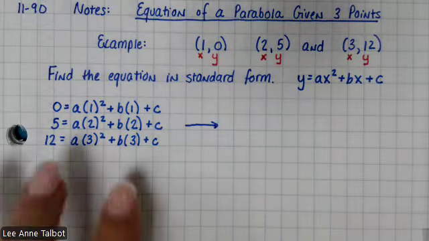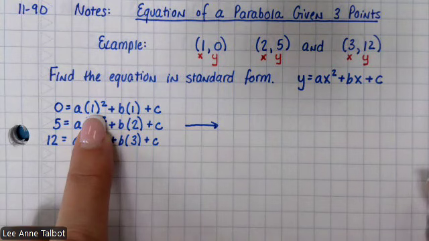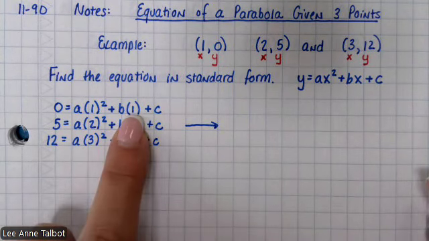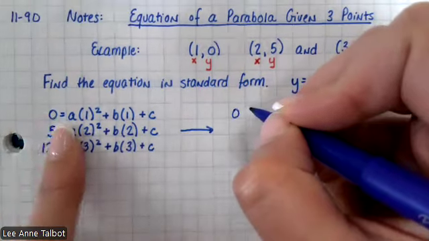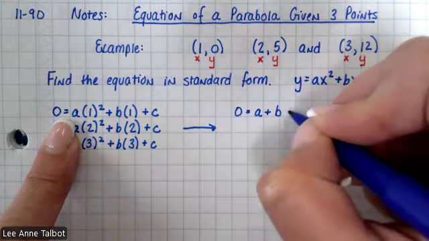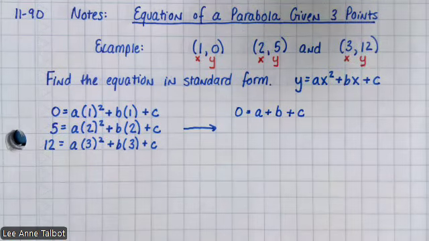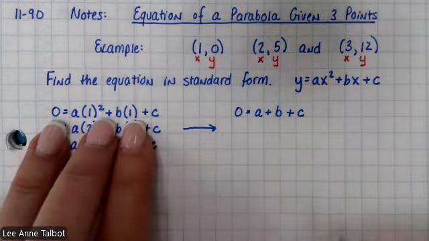Okay, now I'm going to make them look prettier. So 1 squared is 1. 1 times b is b. So I'm going to say 0 equals a plus b plus c. Do you guys understand how I got from here to here?